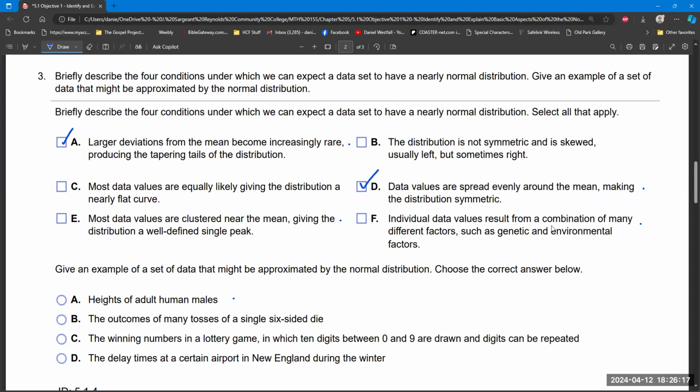Most data values are clustered near the mean, giving the distribution a well-defined single peak, and individual data values result from a combination of many different factors, such as genetic and environmental factors. That would be an example there of a set of data that might be approximated by the normal distribution.